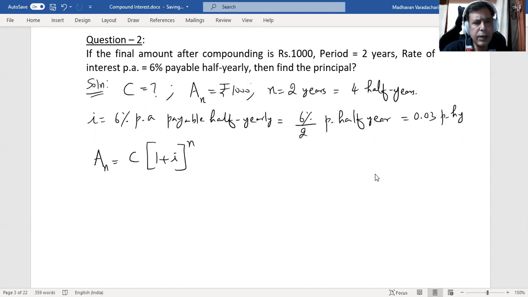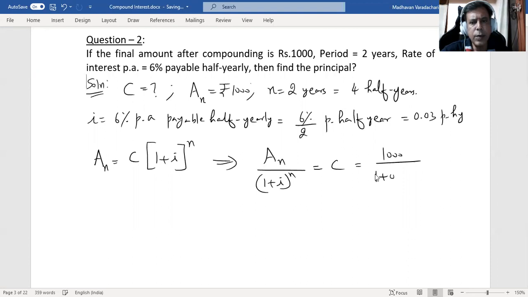Here we are supposed to find C. So I will say A_n divided by (1 plus I) to the power of n is our C. What is A_n? It is known to be 1000, and I is known to be 0.03, n is known to be 4. So let us calculate this.